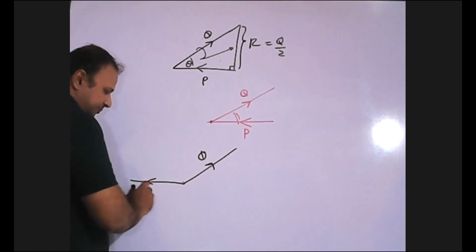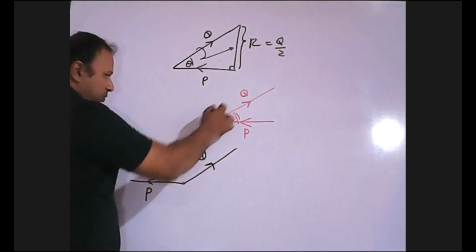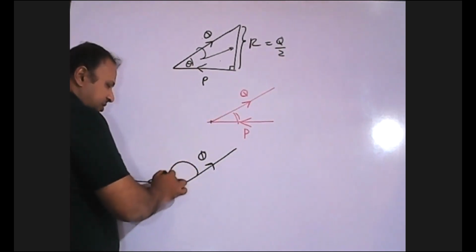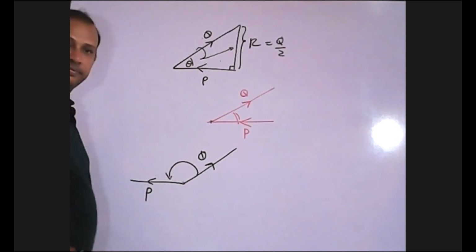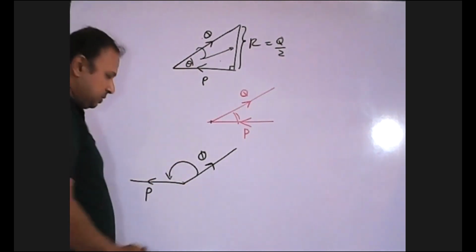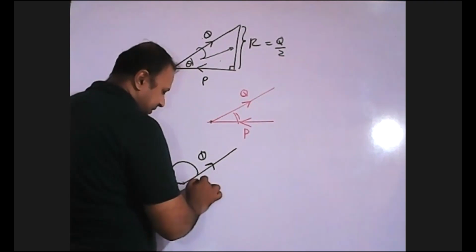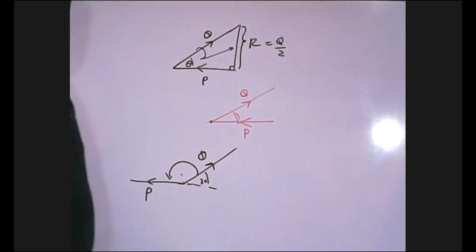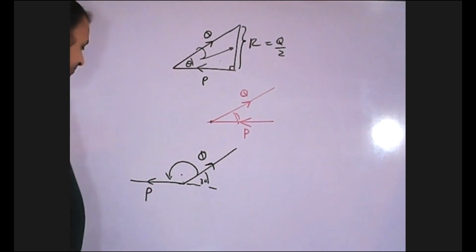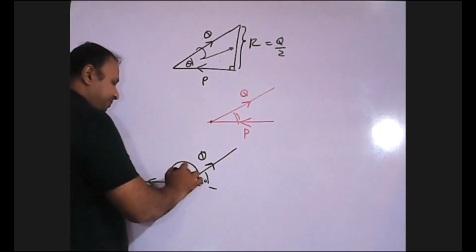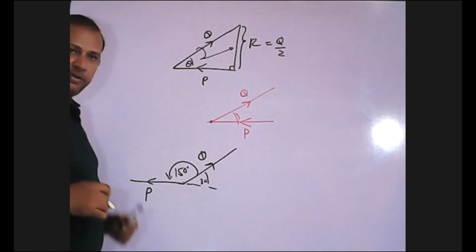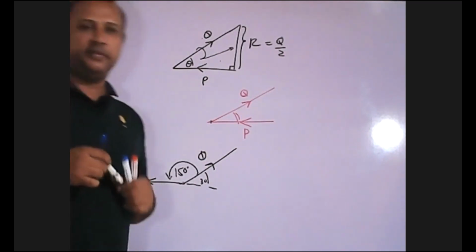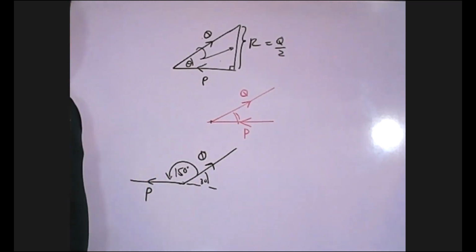This is Q. This is P. Then you can measure from here to here. So you know this angle is 30. So this angle should be 150. So the answer is 150.